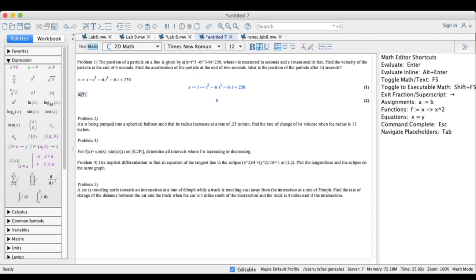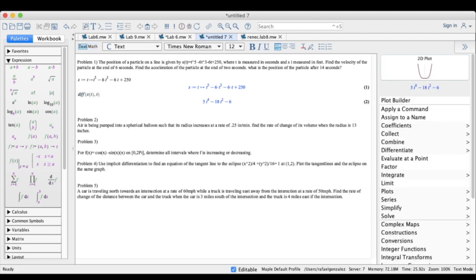So we have s of t in terms of t, that's going to be equal to 5t to the 4 minus 18t squared minus 6. So that is the first derivative of t. Now I'm going to call this the velocity.